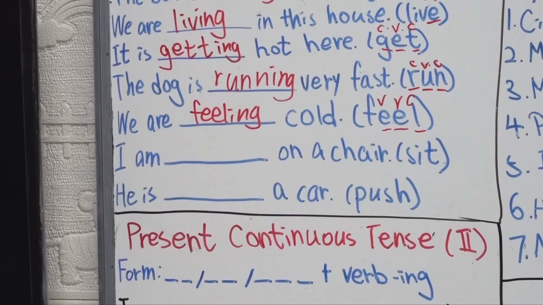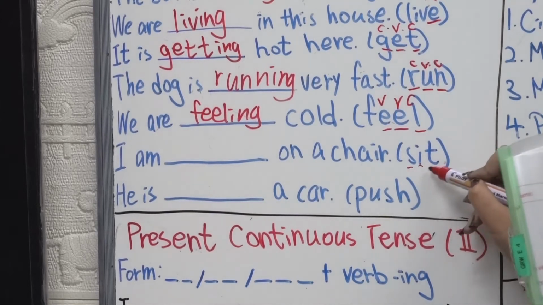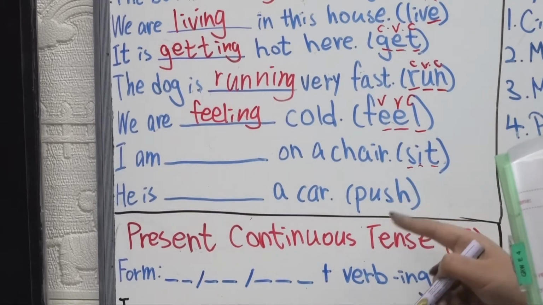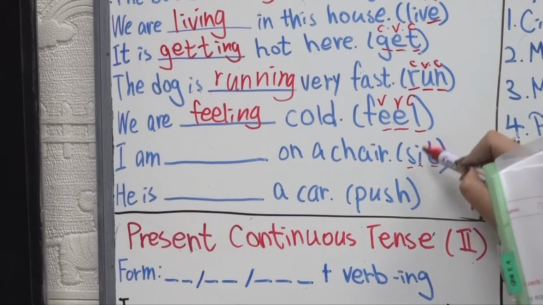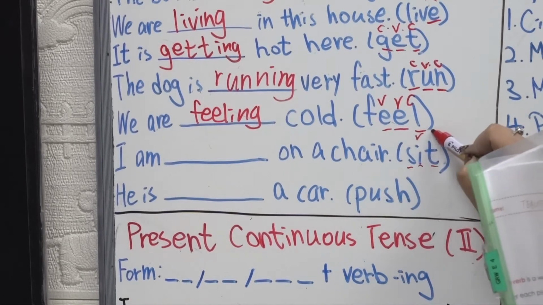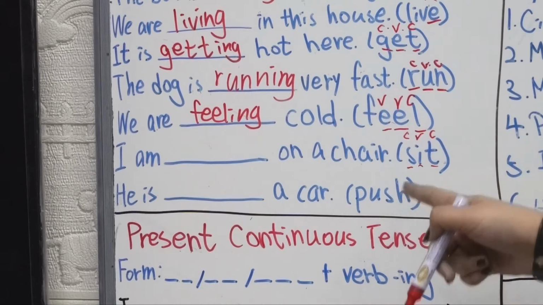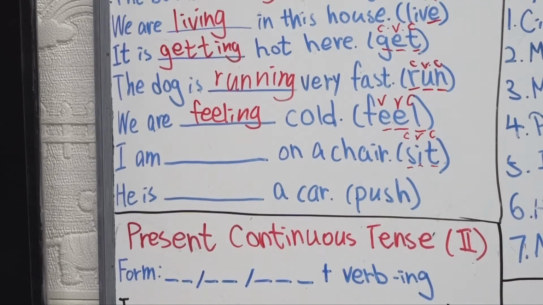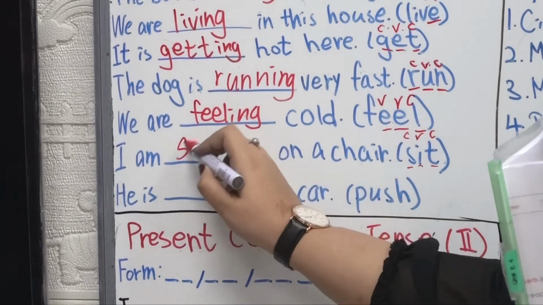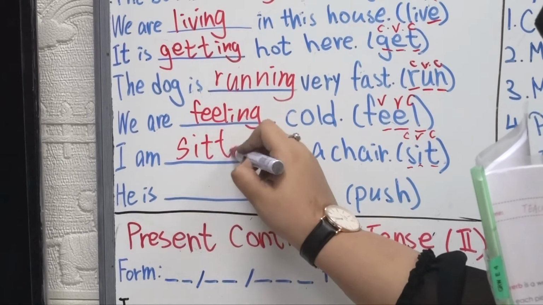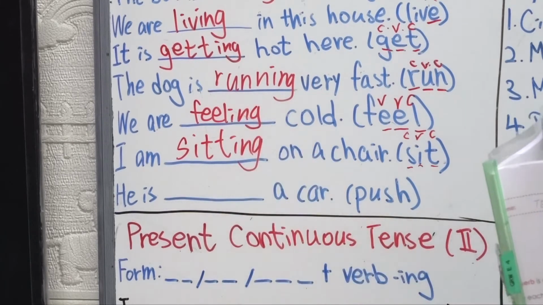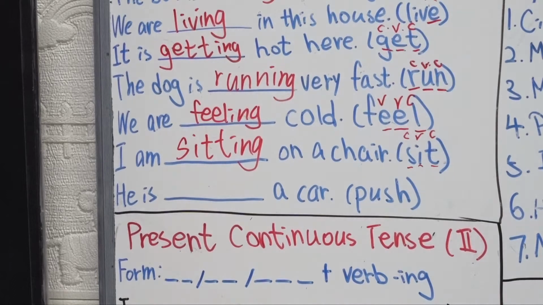Let's have a look at the letters. Anything special? This is a vowel, this is a consonant, and that's a vowel, right? Consonant, vowel, consonant. So that's why we double the last letter and add ing. I am sitting on a chair.